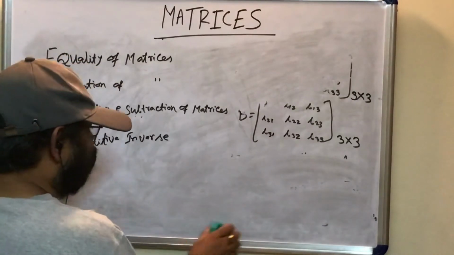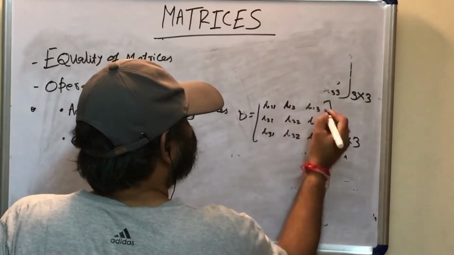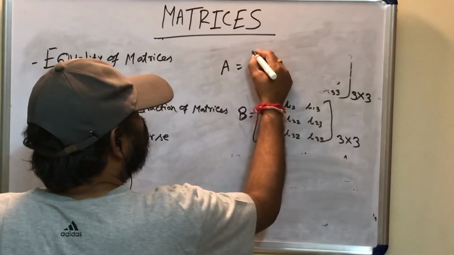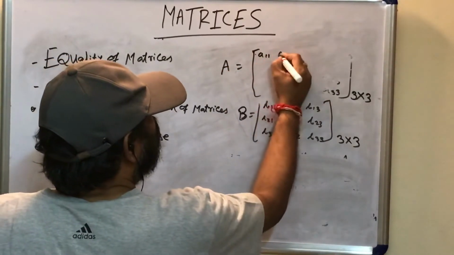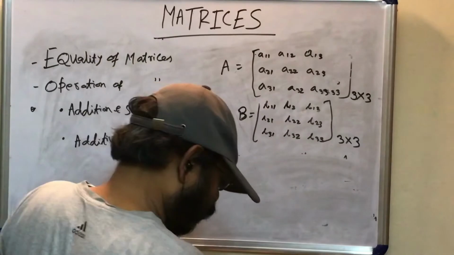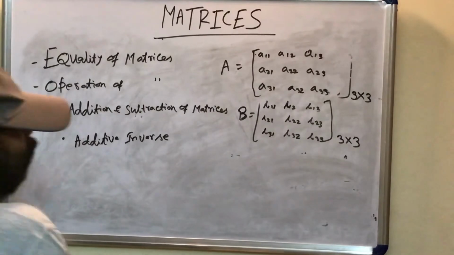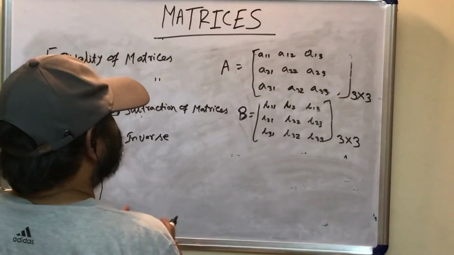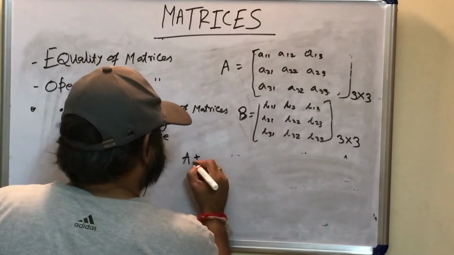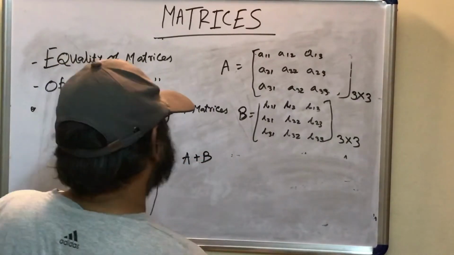What is the addition and subtraction operation of a matrix? Again, let A be a matrix with the elements A11, A12, A13, and the matrix B with the elements B11, B12, B13, B21, B22, B23. What does it mean by addition and subtraction operation of a matrix? That is A plus B or A minus B. First I am showing A plus B. What is A plus B?